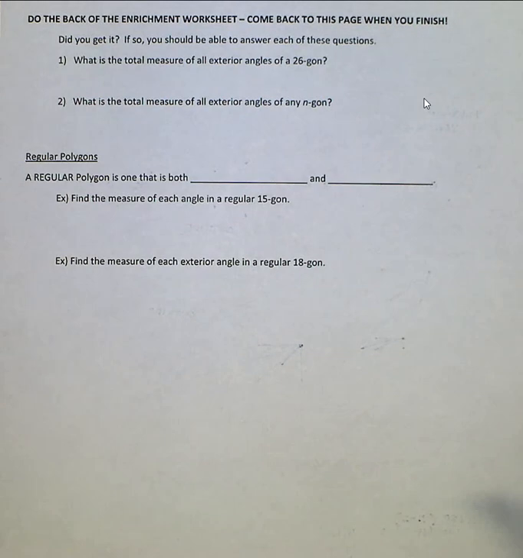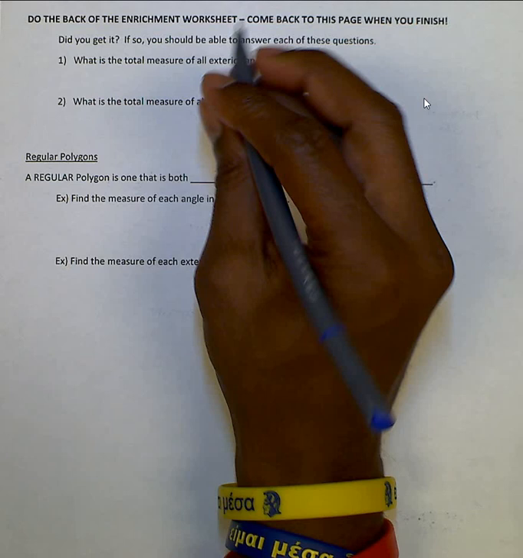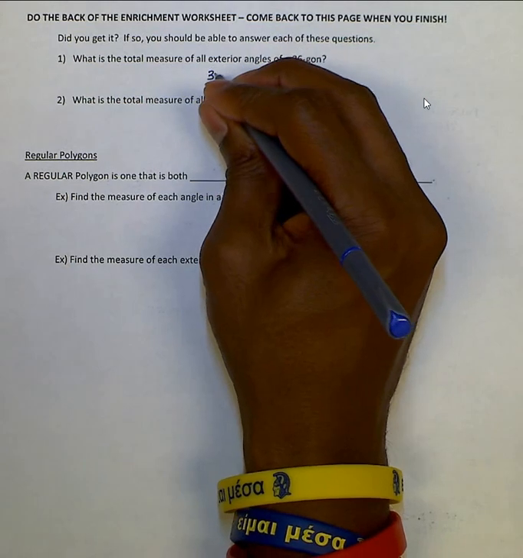Alright, that was enough time for you to pause it and come back to this video. Okay, did you get it? If so, you should be able to answer each of these questions. What is the total measure of all exterior angles of a 26-gon? And that answer is 360.